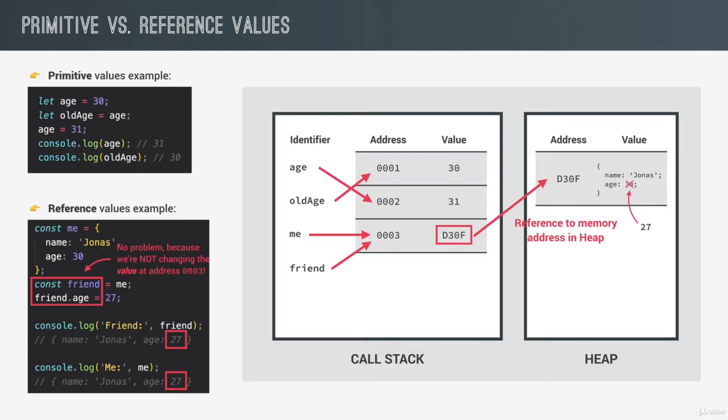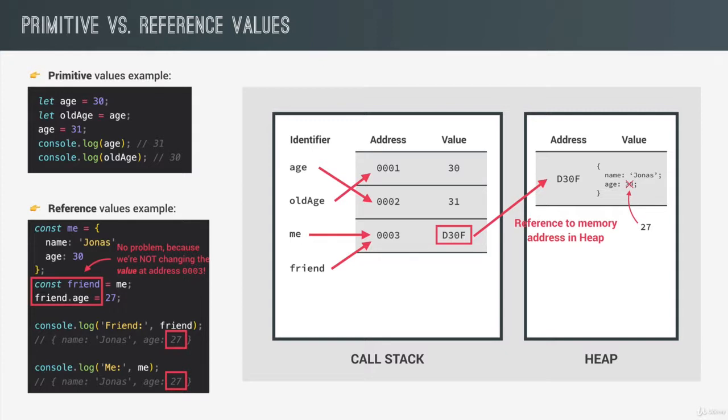And once again, that value is the memory address D305, which points to the reference in the memory heap. And one important implication of this is that whenever you think that you're copying an object, you're really just creating a new variable that points to the exact same object.